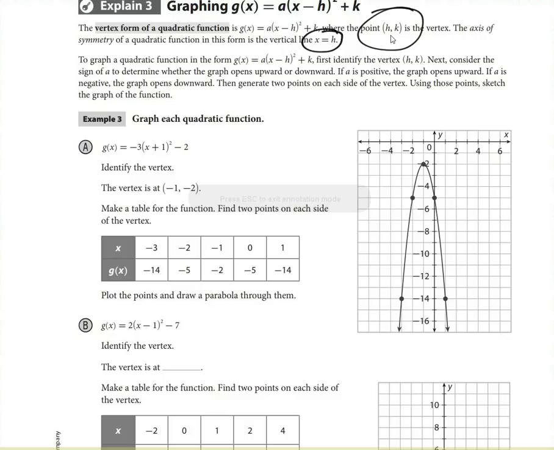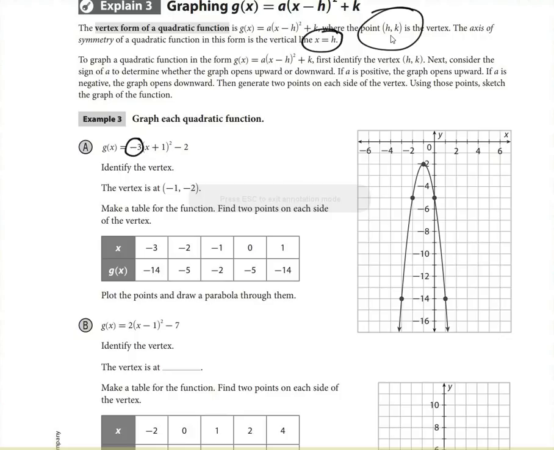So the value of a here in this first problem is negative 3. What we learned from 16.1 is that this is going to open downwards, because it's going to be a parabola that has been flipped upside down from what it looks like for the parent function. It's also going to be vertically stretched by a factor of 3.